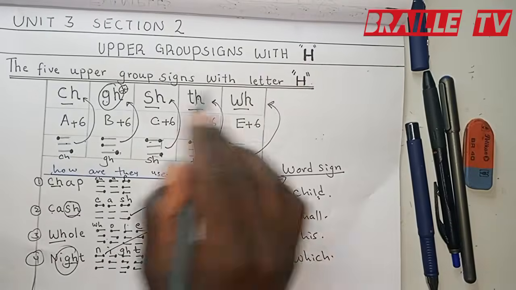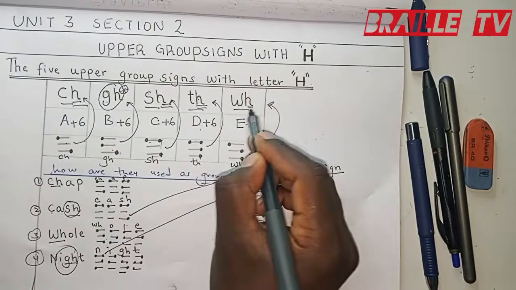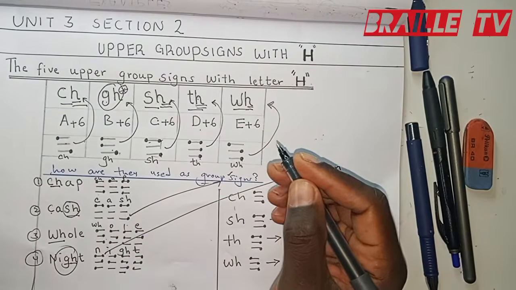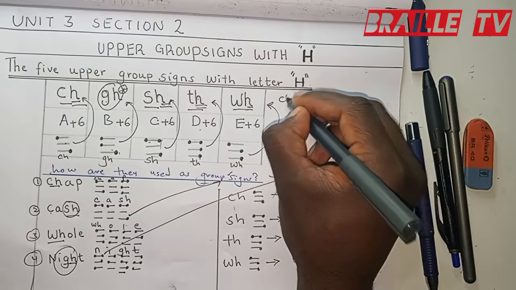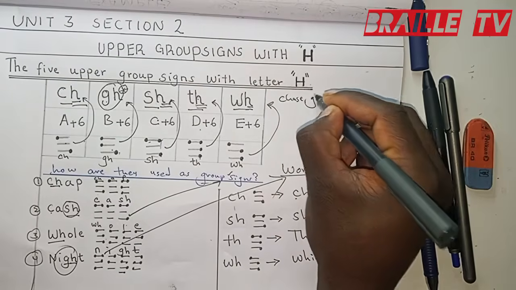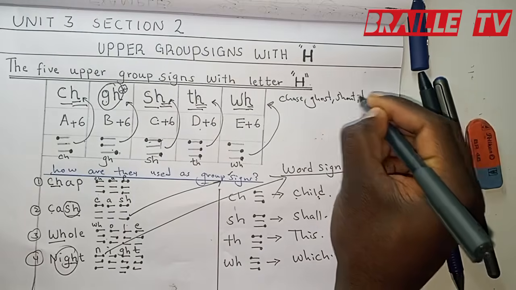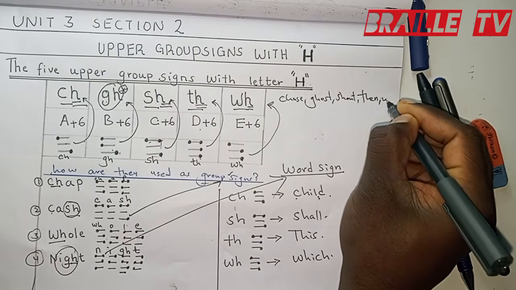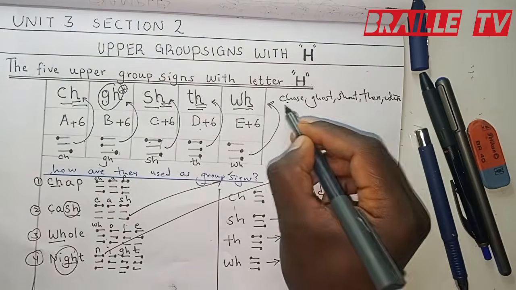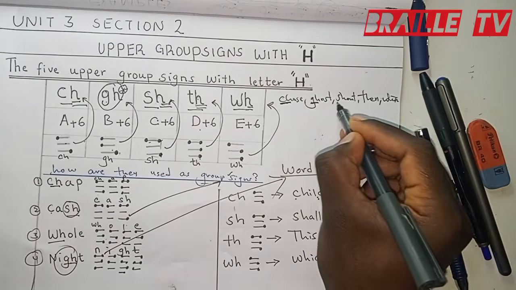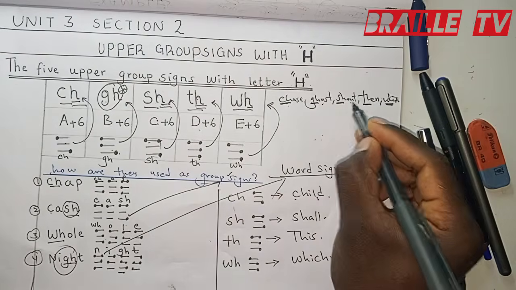We call them "with H" because each of them has the letter H. By the way, we have an acronym you can use to remember if you forget: chase, ghost, shout, then whisper.